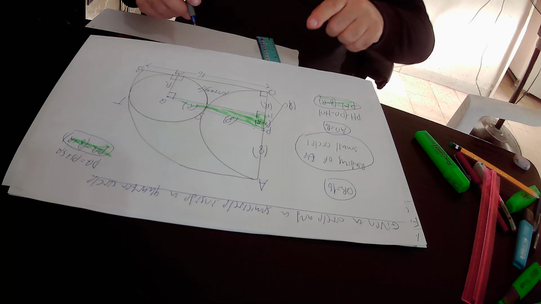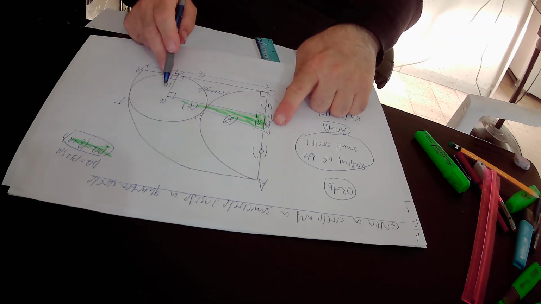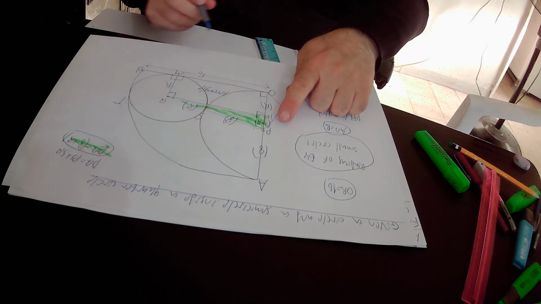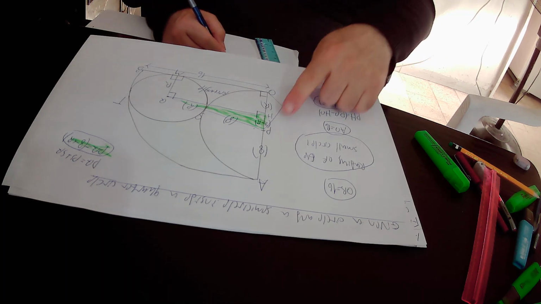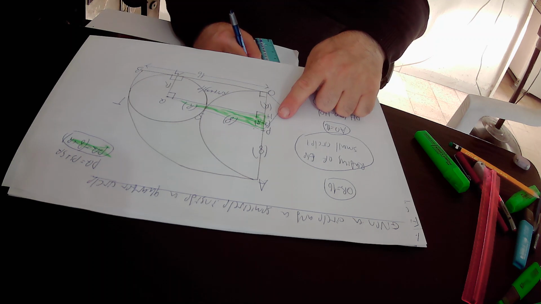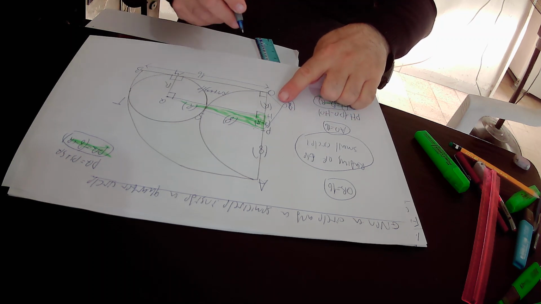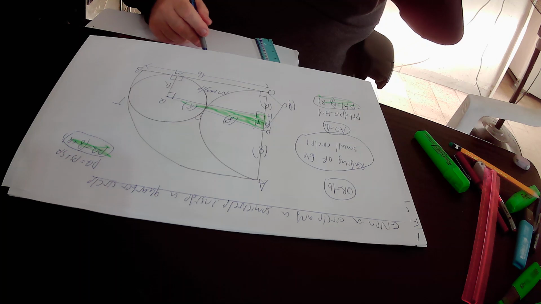We already found out that the hypotenuse PQ of the green triangle equals 8 plus R, and side PH equals 8 minus R, and side HQ is the missing side.